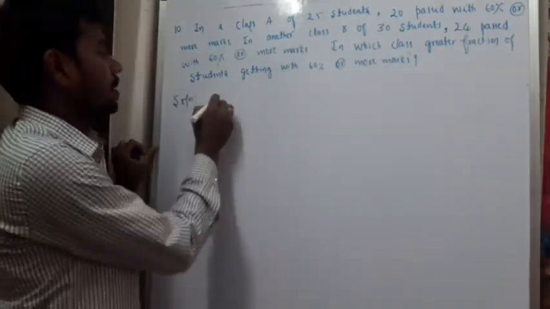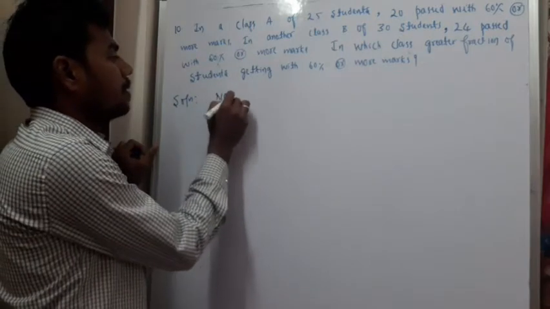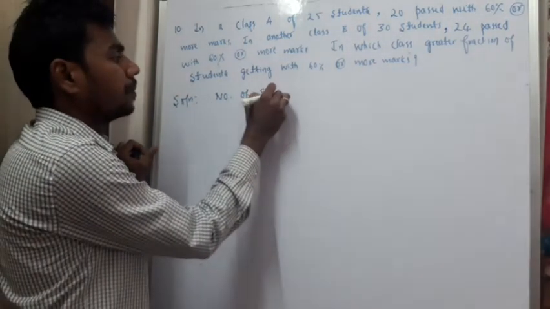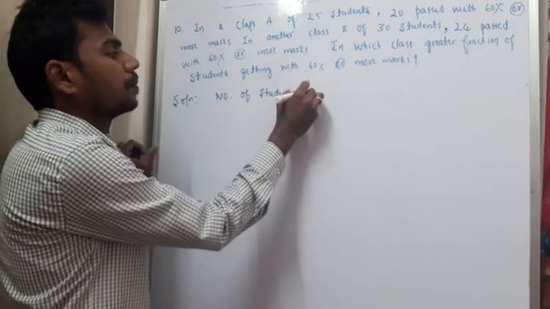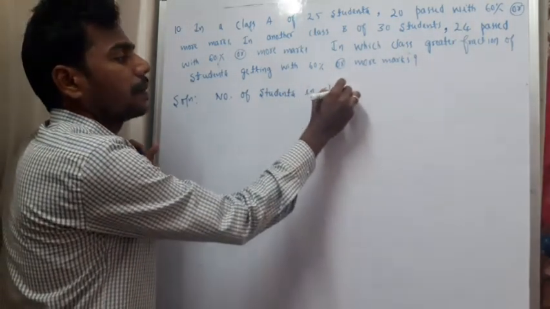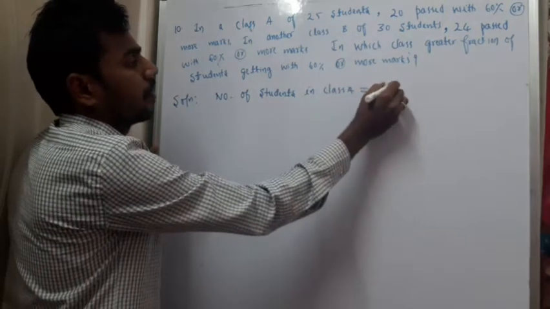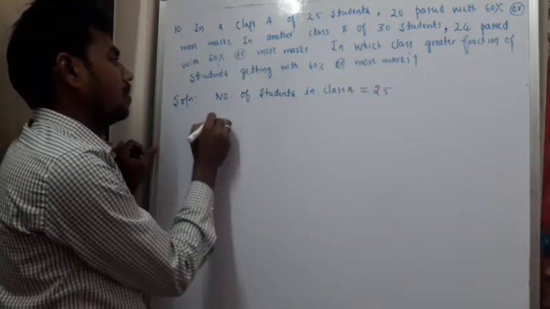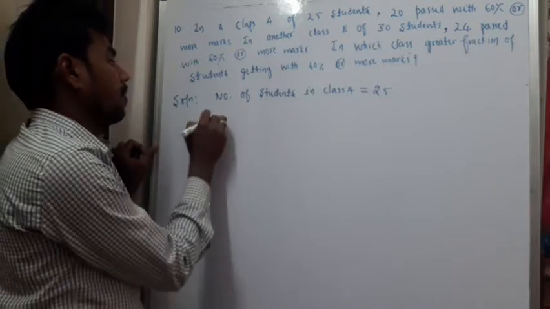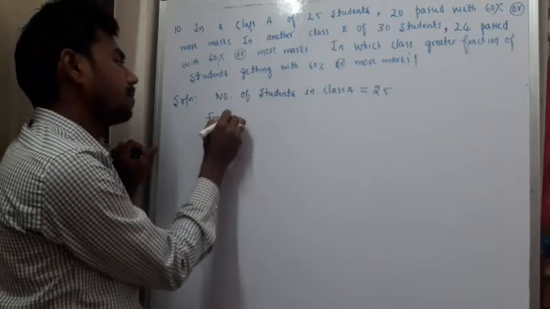So first, number of students in class A is equal to how much? 25. Okay. Then fraction of students.